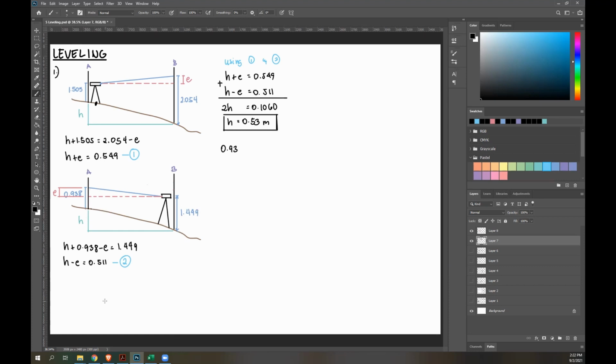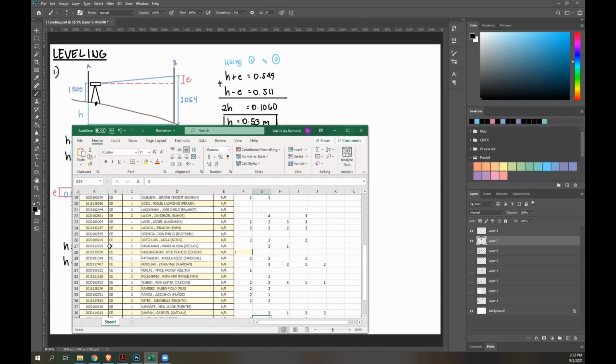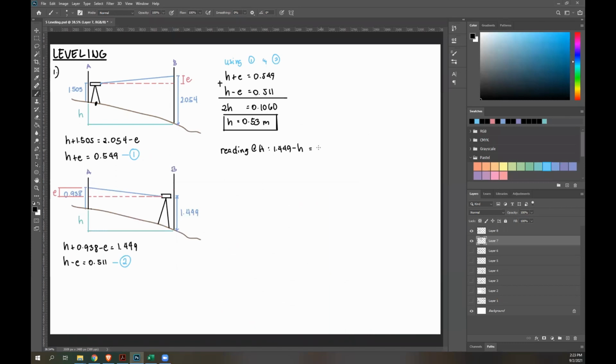Therefore, to get that reading, that's just 1.449 minus H. Reading at A: 1.449 minus H. What's the answer? Correct, Gabriel and Jericho. 0.919.